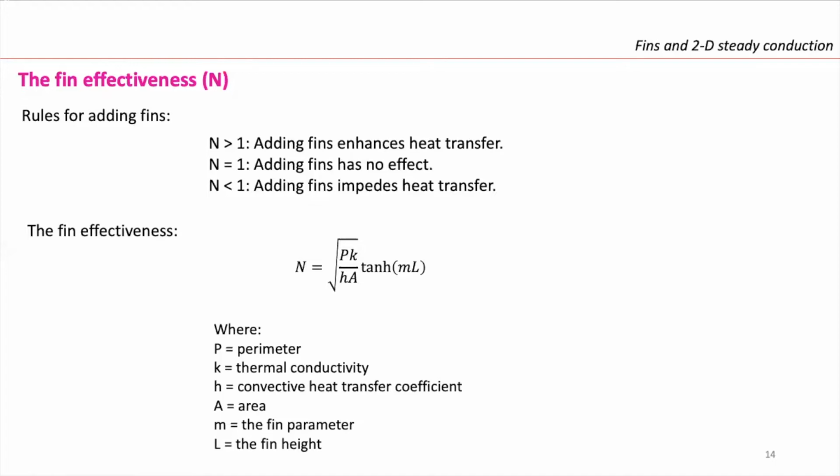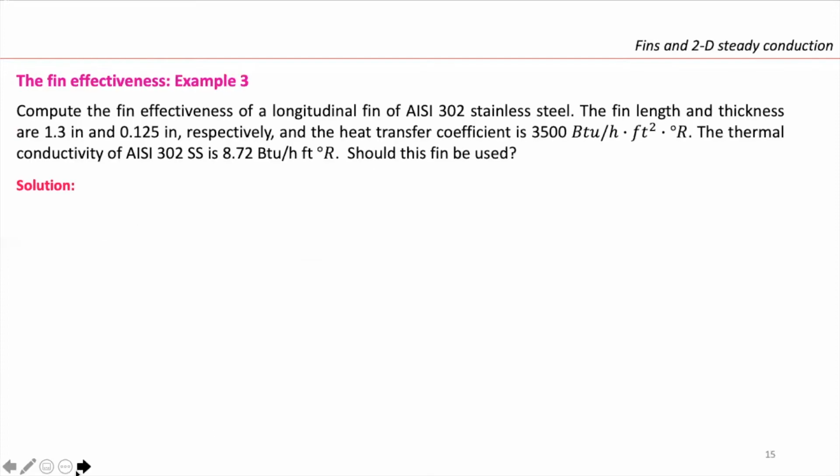So let's solve a very simple problem, just to apply this formula and determine if a fin should be added or not. We need to compute the effectiveness of a longitudinal fin. The problem is giving us the geometry of the fin, because we need to calculate area and perimeter like we did last class, depending on the geometry.